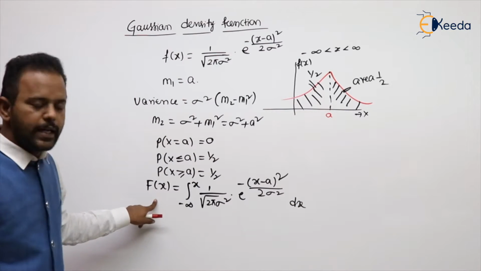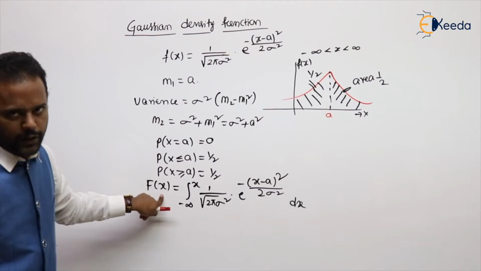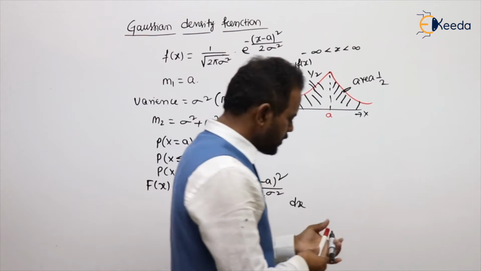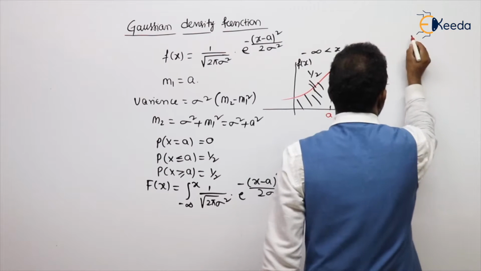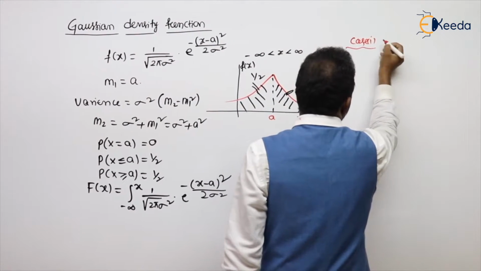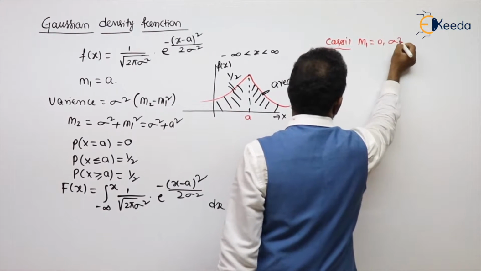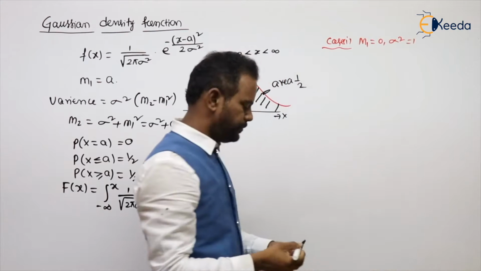This is the density function. This is the cumulative distribution function. Now I will calculate the solution in two cases. The first case I will explain here: the simplest solution by taking mean value 0 and variance 1.